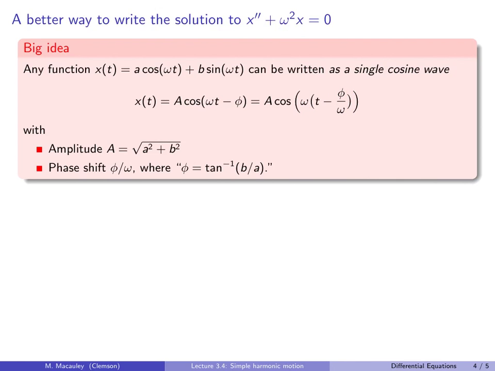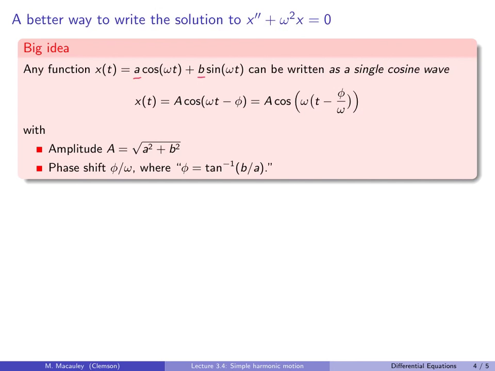And so amplitude A is the square root of a squared plus b squared. Recall that. So you can get it explicitly from this a and b. And the phase shift, of course, is phi over omega. And phi is, I want to say, in quotes, the inverse tangent or arctangent of b over a.